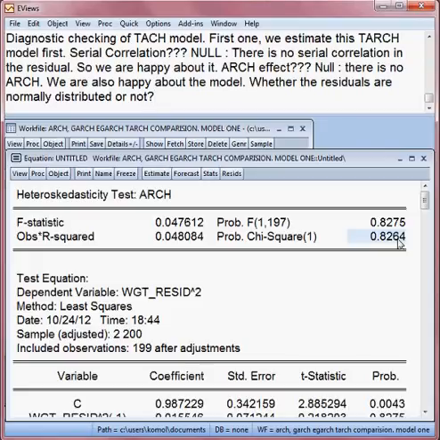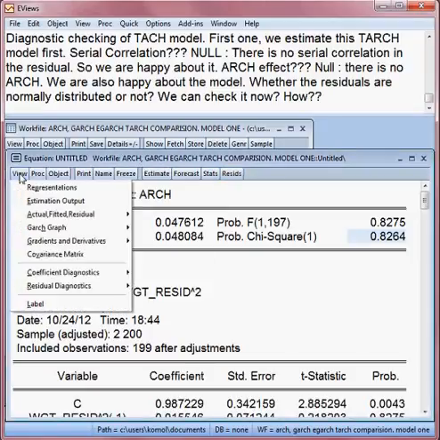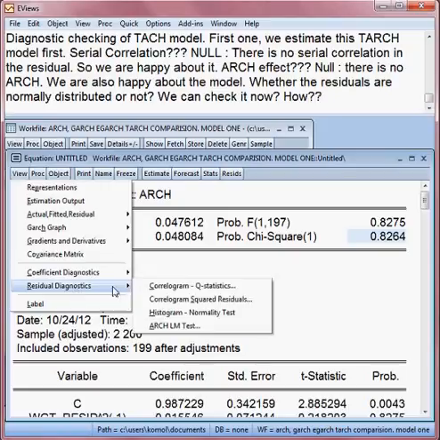How do we check? I go to view as before, then residual diagnostic, then histogram, the test of normality.